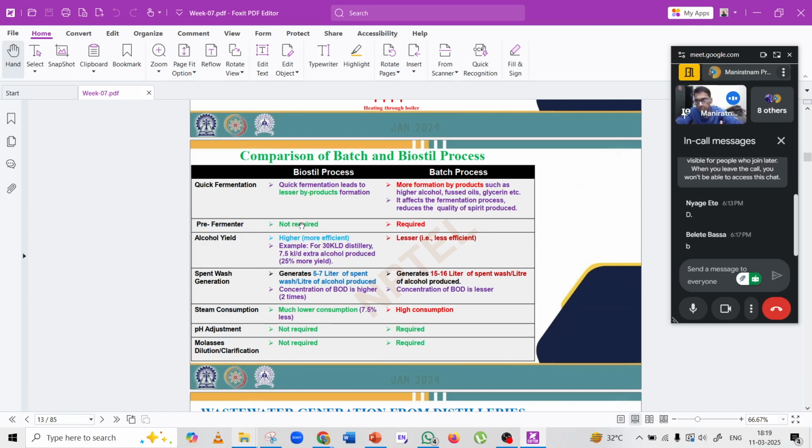But here in this method, as the name suggests, there is no need of any pre-fermenters. You can directly add your molasses into this process, and it contains a sufficient amount of yeast, or I won't say yeast, fermenters, which help to ferment the molasses.